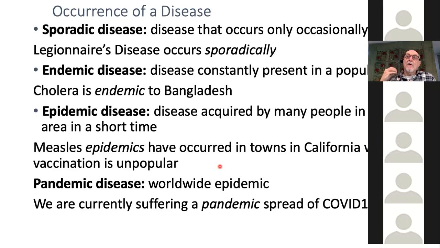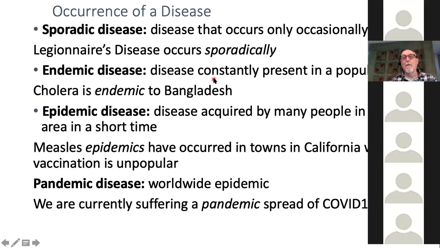So it occurs suddenly, usually. It may be quite spectacular. A lot of people may get it in a circumscribed area or whatever, and then it dies out. And then it occurs again unpredictably somewhere else.